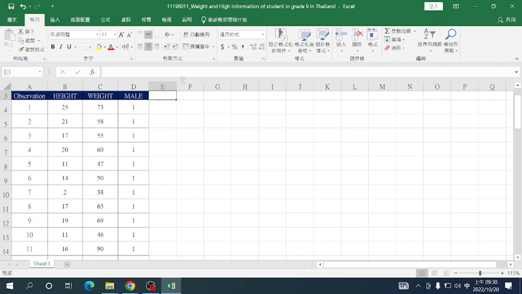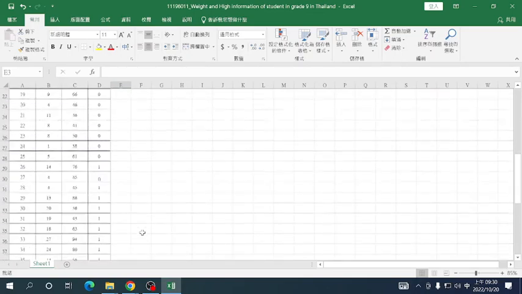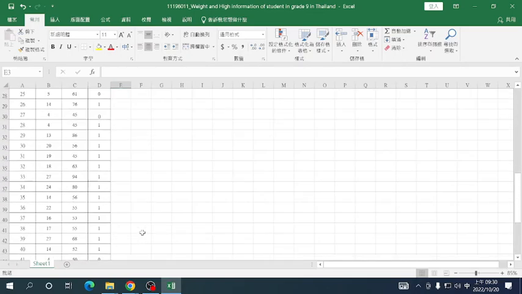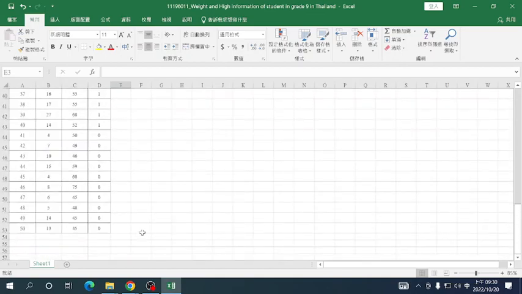Okay, so let me see the rest of the data. Roll down. What is the average height for a ninth grade student, who is already 15 years old? So it makes sense.